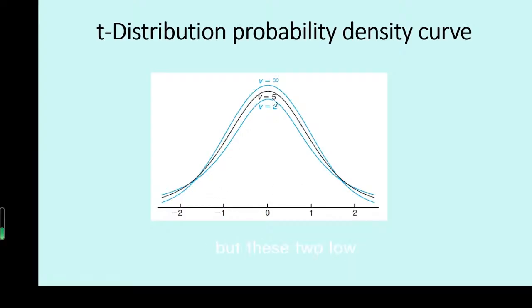But the two lower curves, with degrees of freedom 2 and 5, have a flatter shape than the standard normal density curve, because the total area under the curve must be 1, right? So for degrees of freedom 2 and 5, they have a longer tail but a lower, flatter top in shape.